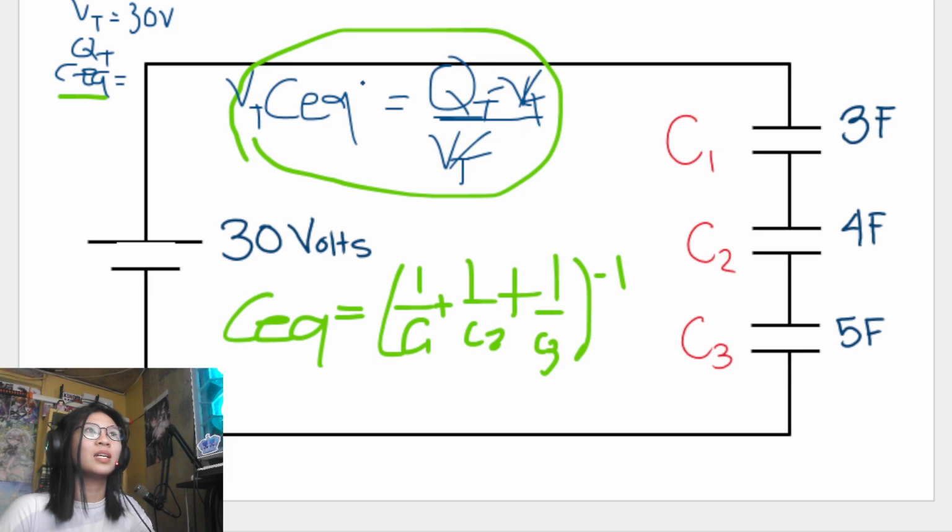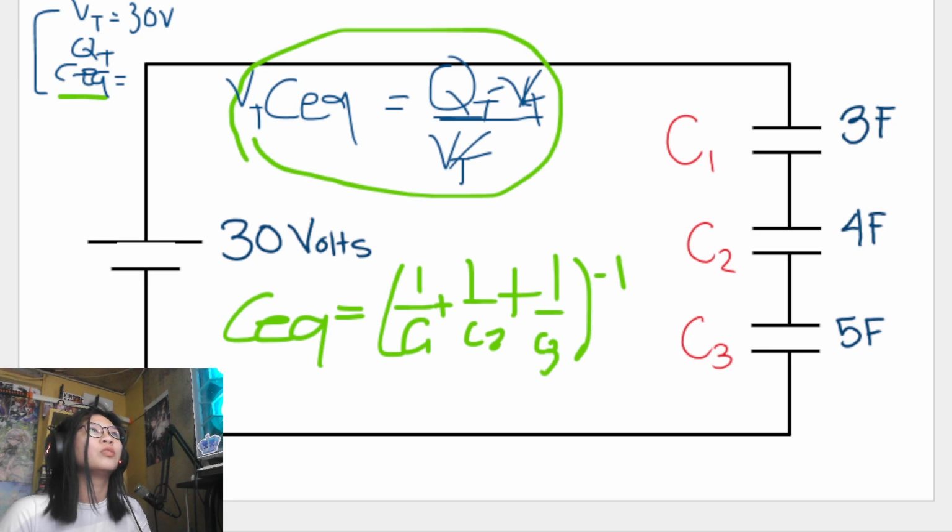So, Qt is Vt multiplied by the CEQ. So, makuha na nimo sila tulo. But it doesn't end there. Because if you have this connection, pangitaon pud nimo ang individual charge and individual voltages of your capacitors.